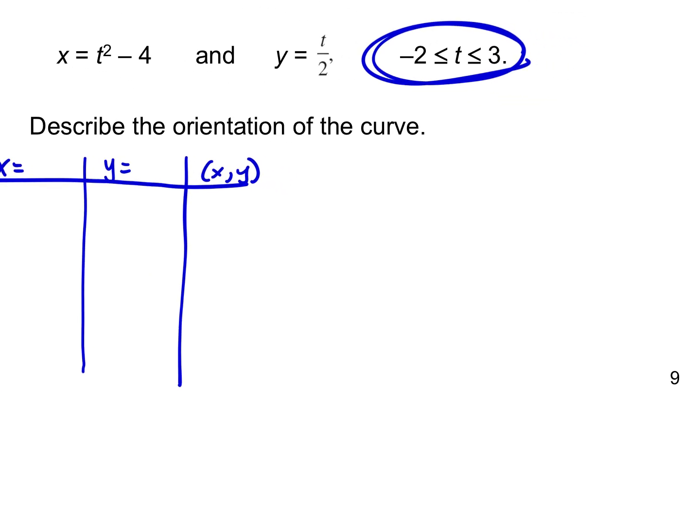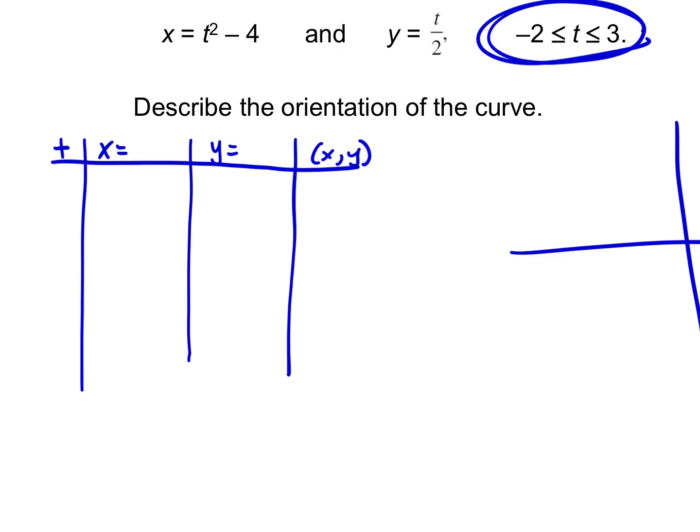Once we have our points, we'll plug them into our graph and graph it. So for t, we want to start with the smaller number and then we just increase from there. So I'm going to start by plugging in -2, then -1, 0, 1, 2, and 3. So we just plug in all the numbers from -2 to 3.